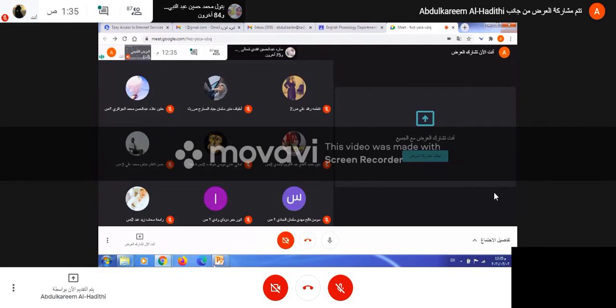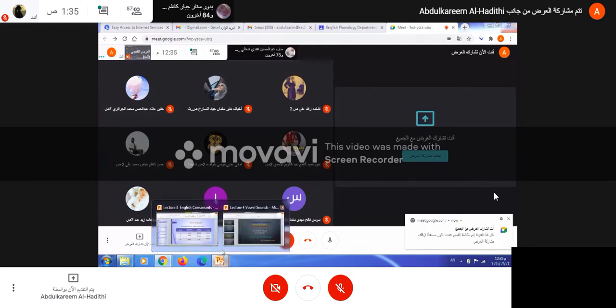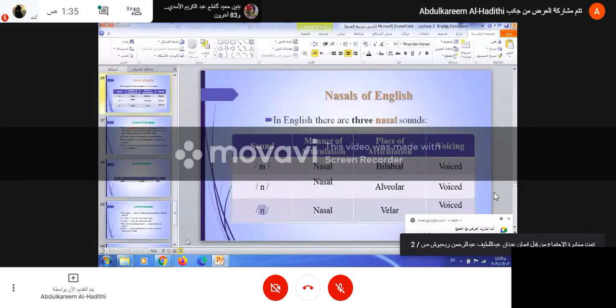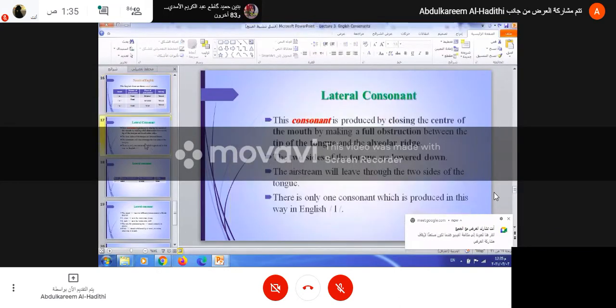Now, this is concerning the nasal consonants. After the nasal consonants, we have a consonant which is called the lateral consonant. Lateral means جانبي. It is only one consonant.